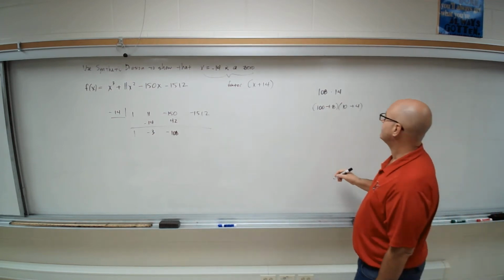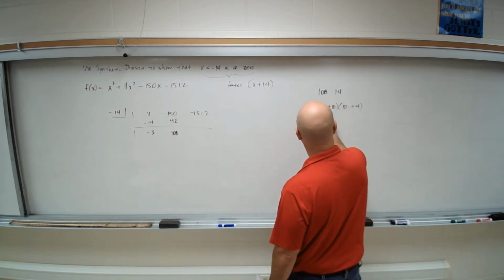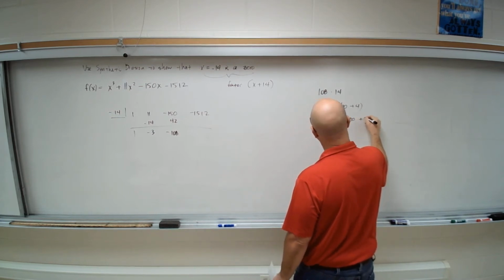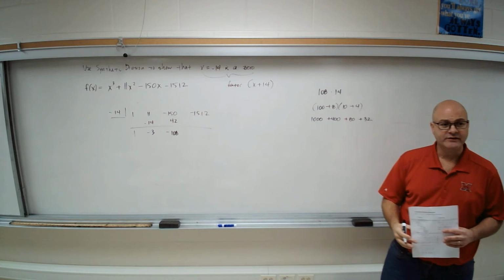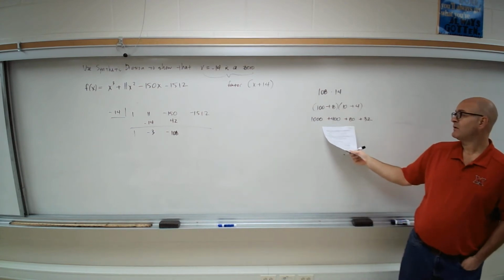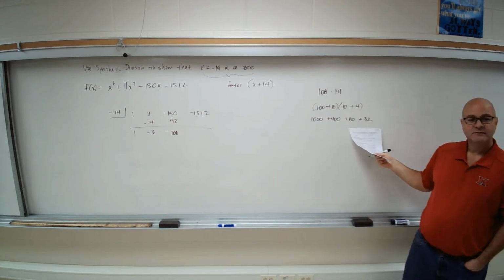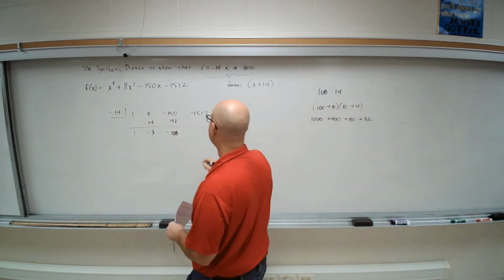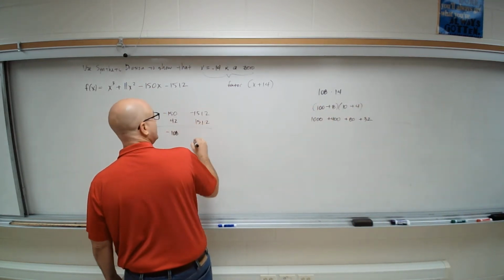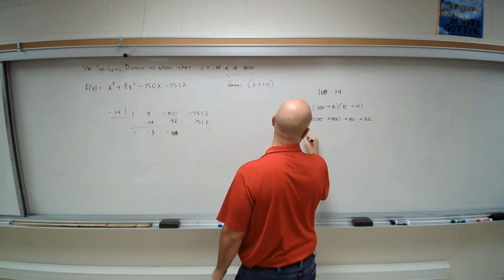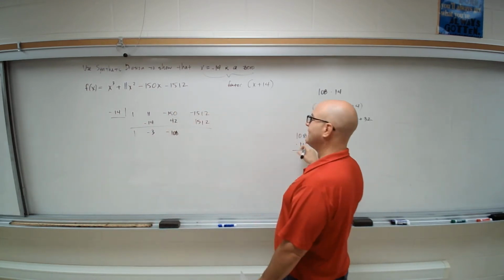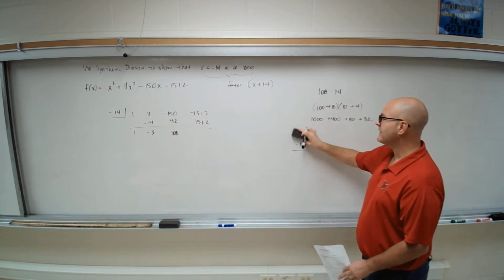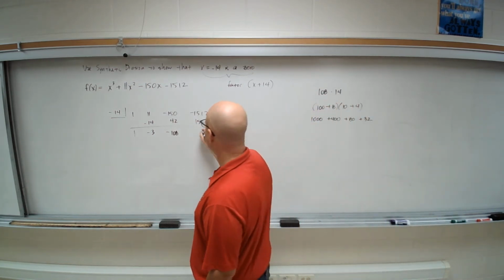So we get 1,000 plus 400 plus 80 plus 32. So that gives you 1480 plus 32 gives you 1512. So it's an alternative to the way they teach it in grade school. I kind of like to think about the distributive property. So then we get 0.